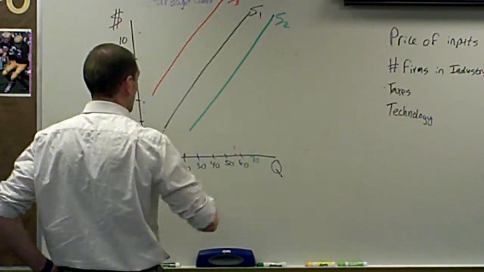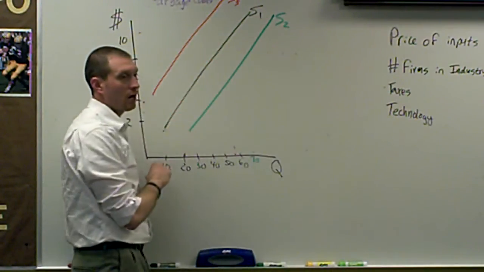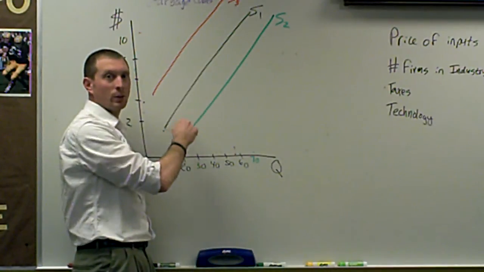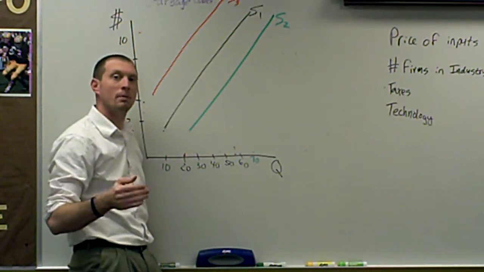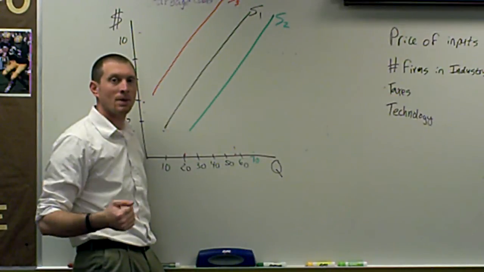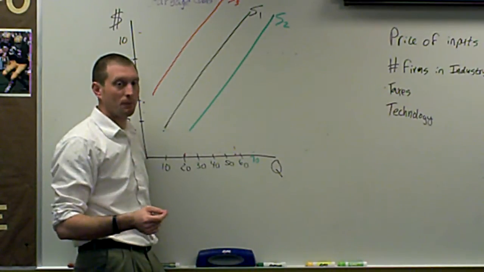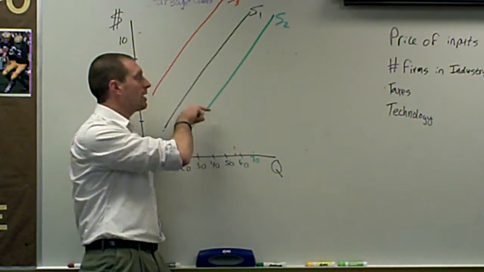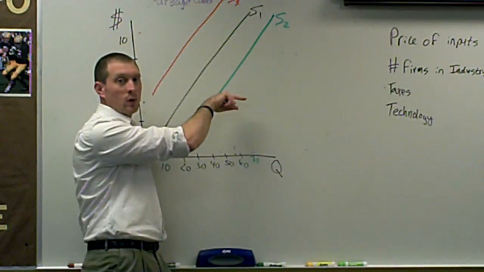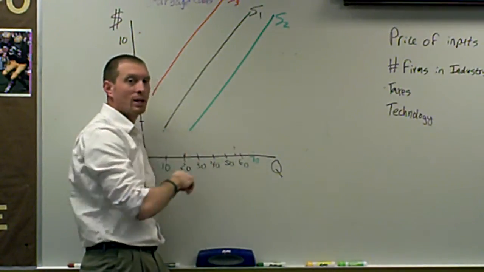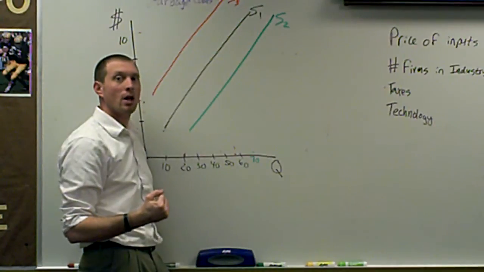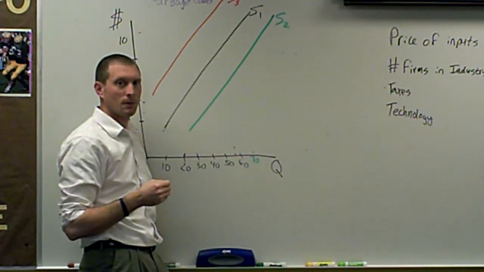Or put here, for this original supply curve for garbage cans, and at the garbage can factory, all of a sudden there's an across-the-board 10% pay cut, then in theory, that supplier of garbage cans should be able to increase overall supply by shifting the supply curve to the right because they've decreased their inputs, the price of inputs.